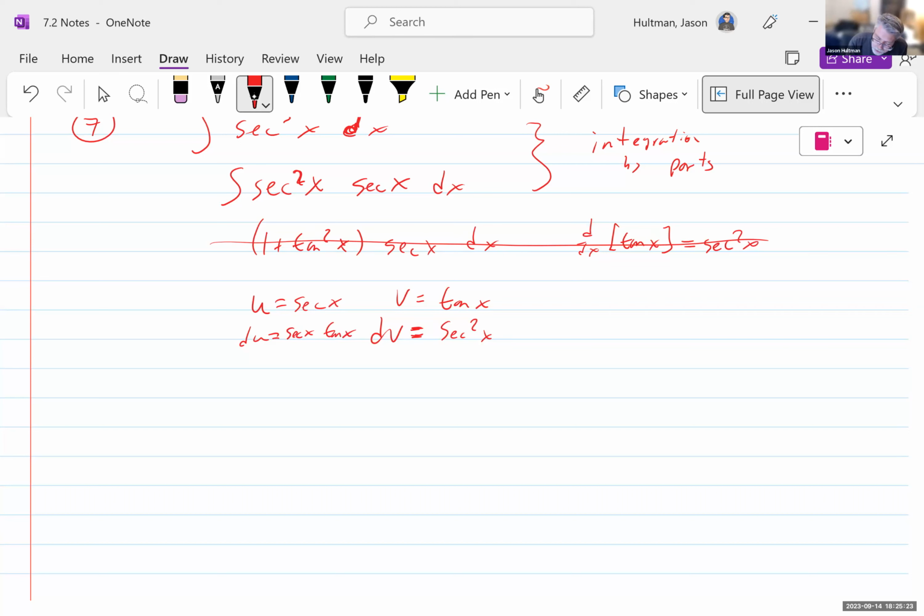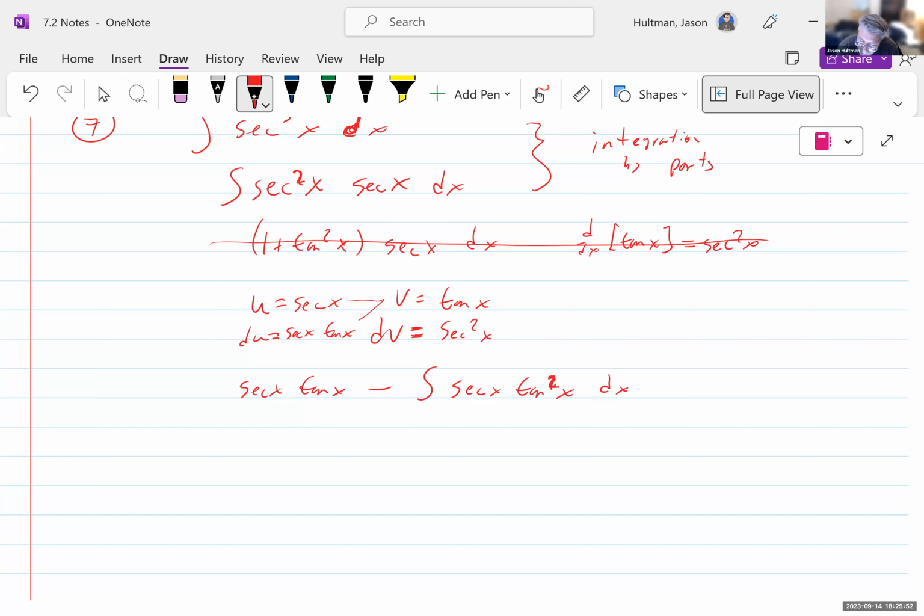Okay, so I'm going to use that as my integration by parts. I'm going to get secant x tangent x minus the integral of secant x tangent squared x dx. Okay, nice.